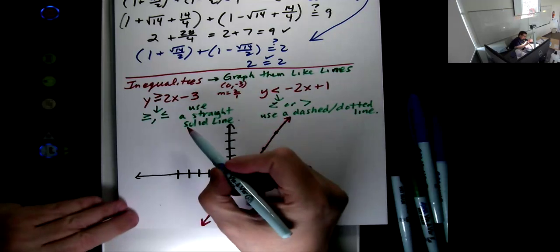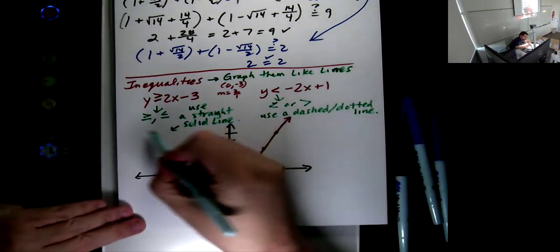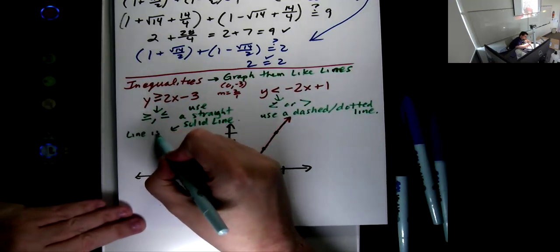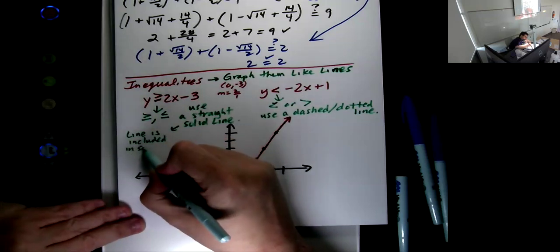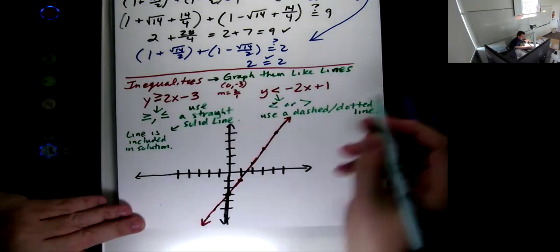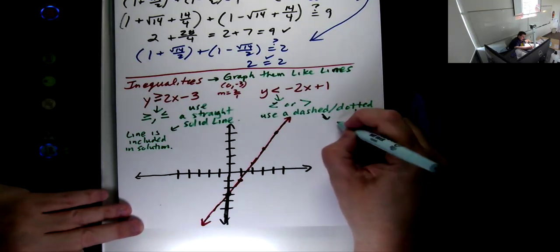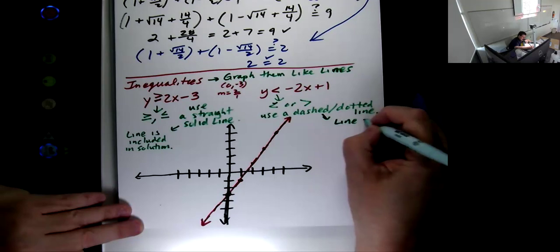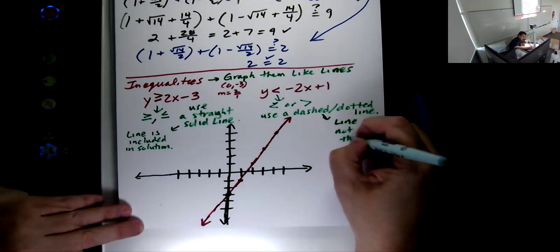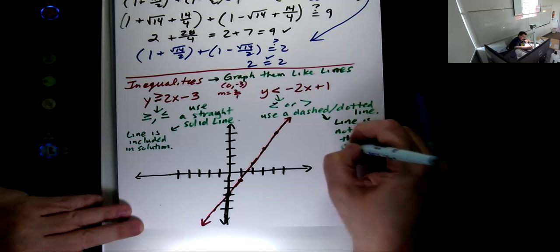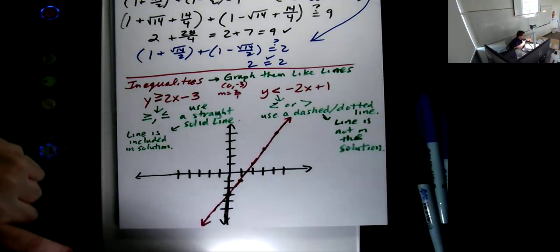Solid line means the line is included in the solution. It meets the inequality. The dash line says the line is not in the solution.